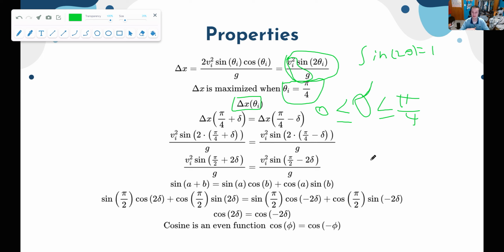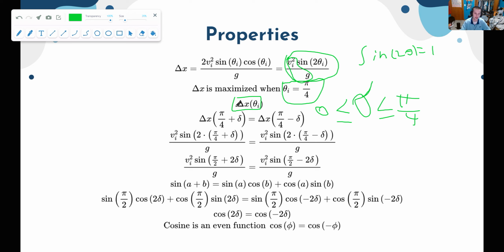So if you launch something at, maybe let's use the example of 55 degrees and 35 degrees, that would be a delta of 10. Those objects would actually go the same distance, and we want to see if that's true or not.